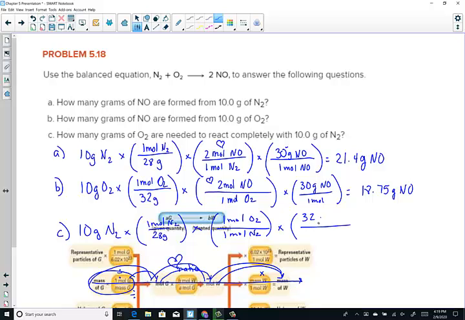The molar mass of oxygen is used in the last step. So 10 over 28 times 32. 11.42 grams of oxygen. You did it.